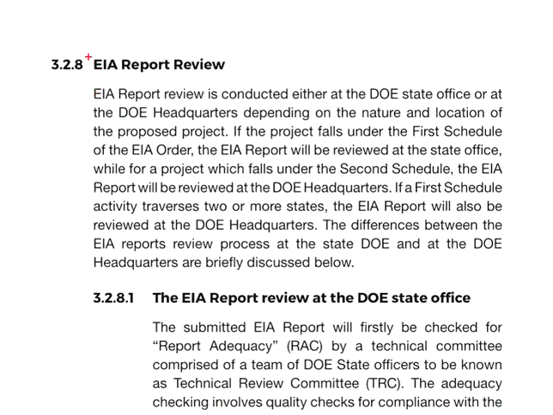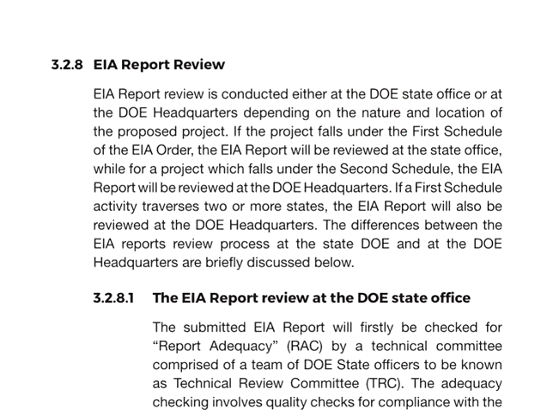Next step, it will be EIA report review. The review process is conducted either at the Department of Environment State Office or the Department of Environment Headquarters. This is dependent on the nature and the locations of the proposed project.